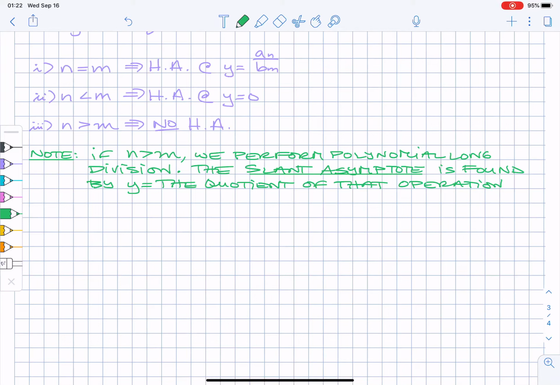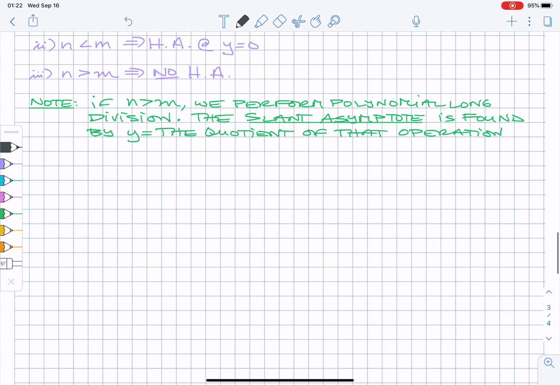Okay, so for example, plot the following rational functions.